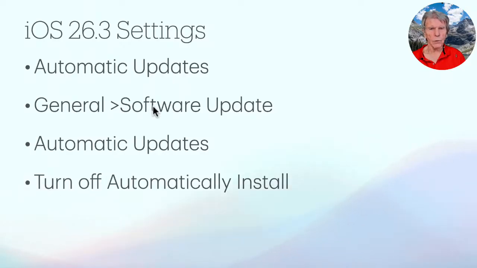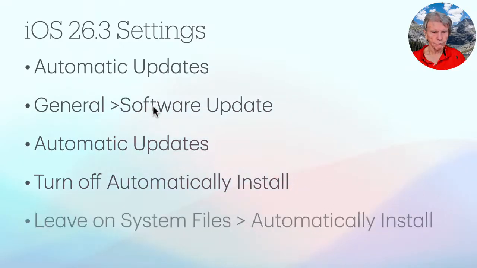And the reason we want to turn off automatic updates is because sometimes those automatic updates have bugs, and they will cause you more harm than good. So we want to be in control of our updates. We want to check when an update comes out, search on the internet for problems with iOS 26 or whatever the version is, and then decide whether we want to update.